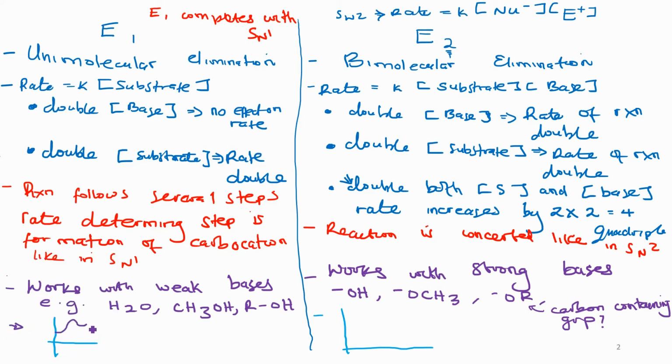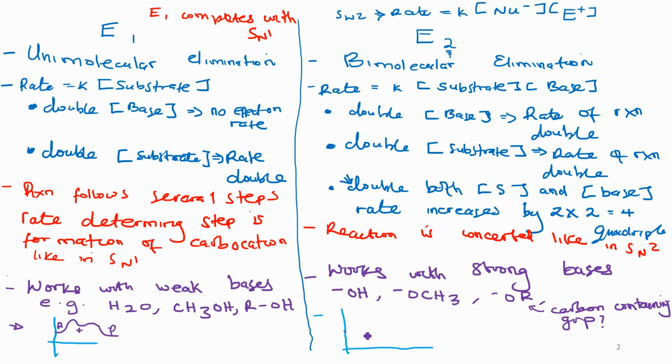Formation of carbocation, then the carbocation is attacked, you get your product. Your reactants will be here, your products will be here. If there's no chemical shift, you'll see only 2 transition states. Your carbocation is going to be here, and I'm going to put a plus there.